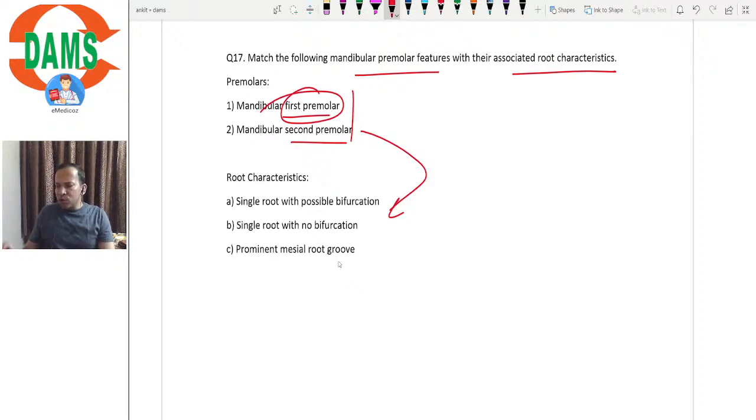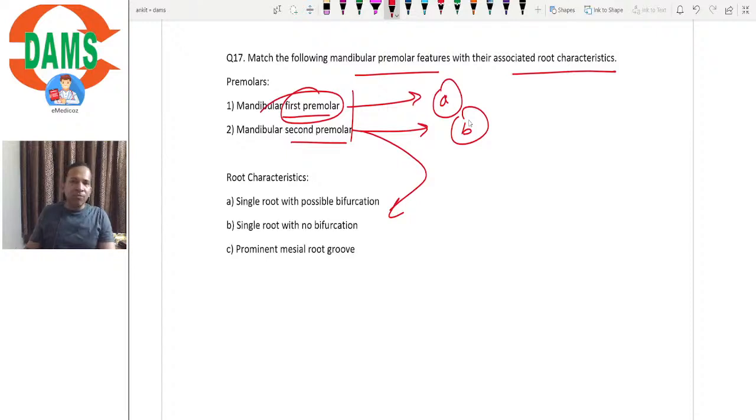So which one do you think has a more chance of a bifurcated root amongst the first and second premolar? I guess it would be the mandibular first premolar, isn't it? Mandibular second premolar has a single root with no bifurcation, obviously.